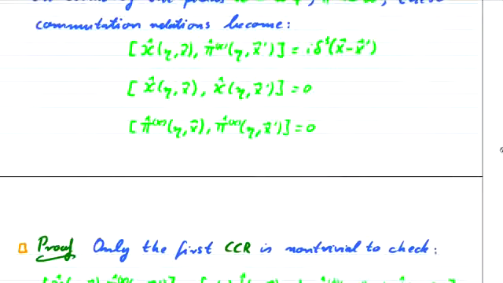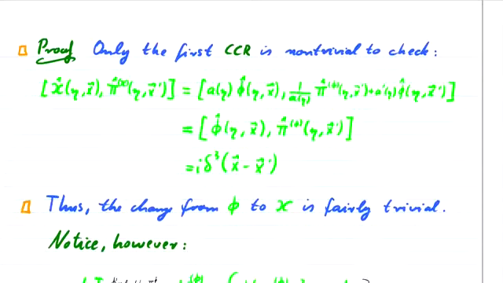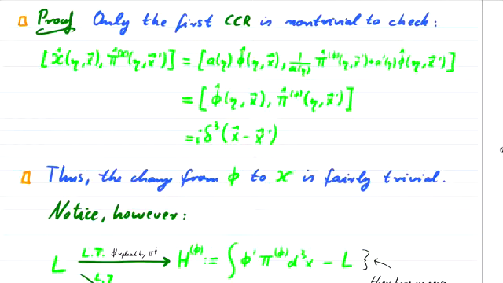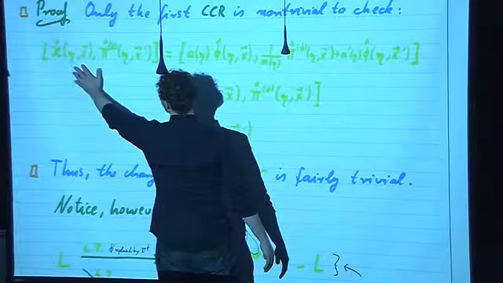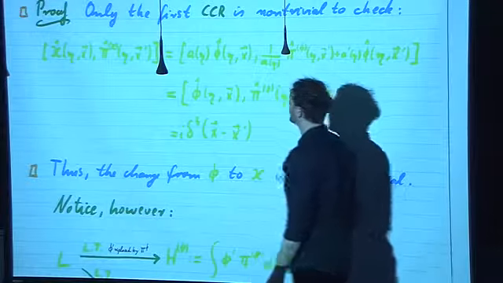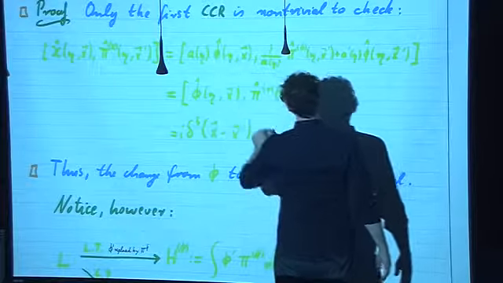Okay, so these are the commutation relations to impose here. But it would be best if you just verified yourself. Oh, sorry, I have the solution here. So let's check the first canonical commutation relation, for example. We have the chi with its canonically conjugate momentum. We spell it out. The chi is a times phi.